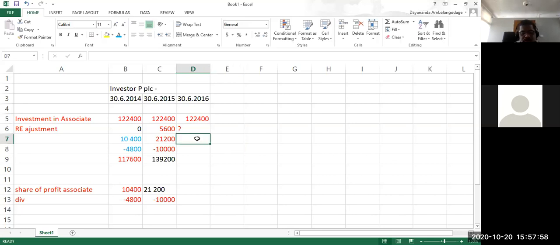We don't know, so we have to calculate this, and we have to calculate this. So you have to remember, this is the retained earnings calculation. This is the share of profit. This is the dividend.